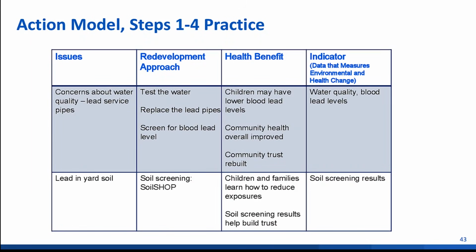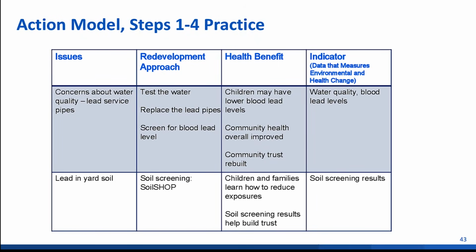Here is an example of an action model. This action model focuses on community concerns about lead water service pipes and lead in paint and soil. It includes redevelopment approaches that can be taken to address these issues, health benefits as a result of addressing these issues, and data that can be collected. Step 1 is the issue about water quality.